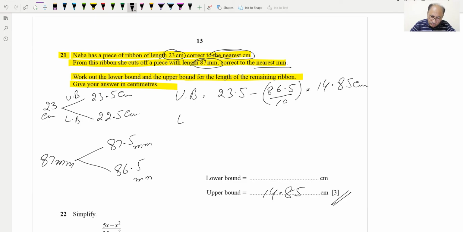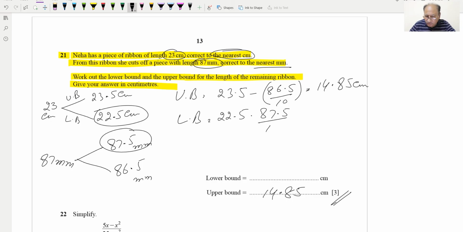and this is 3 marks. Lower bound also we need to find, and lower bound will be this one, minus this will be 87.5, so 22.5 minus 87.5 divided by 10. Why we are dividing? Because of millimeters, we are changing into centimeters.